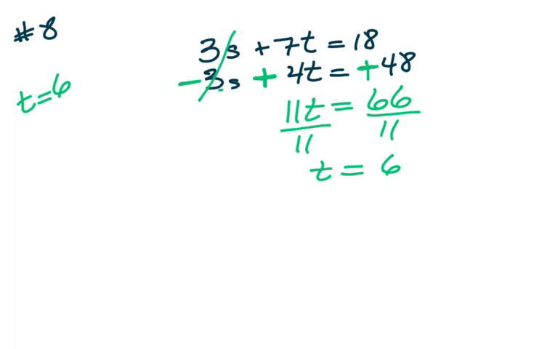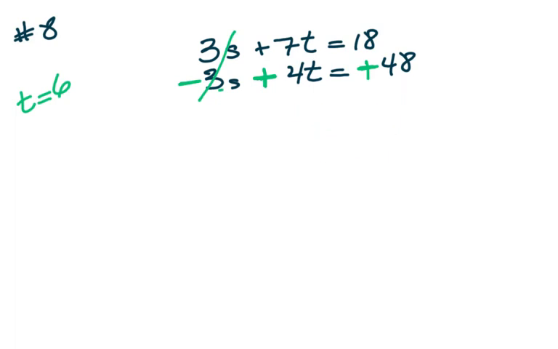All right, let's erase just this much. Now we'll put back, and we'll go 3s. I'll just use the top one now. It doesn't matter. I'll do this top one. 3s plus 7 times t, which is 6, equals 18.